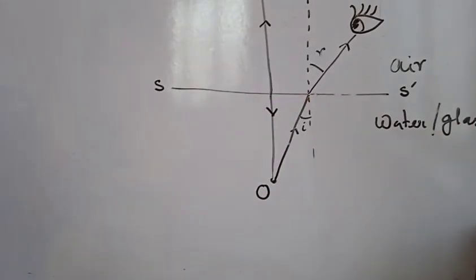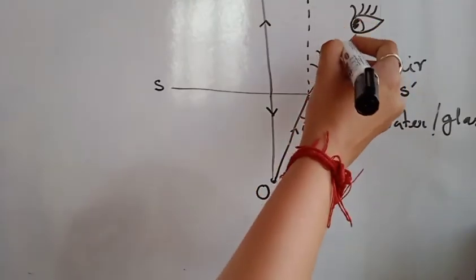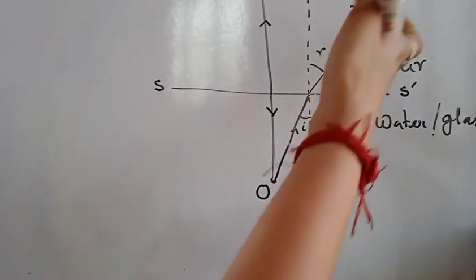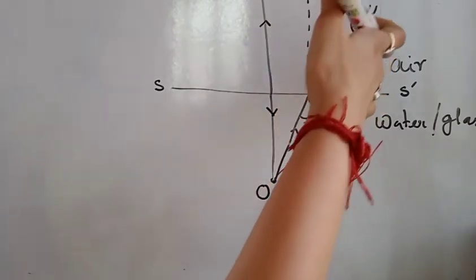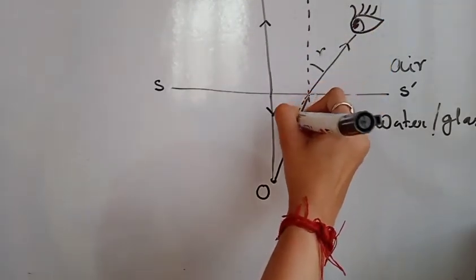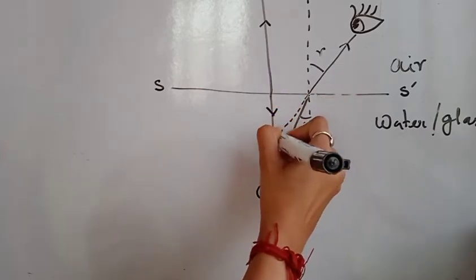Now, as we can see, in this case my eye cannot follow this bent path, right? Because my eye cannot see this bent part. It will always see the straight line. So my eye will follow this line.